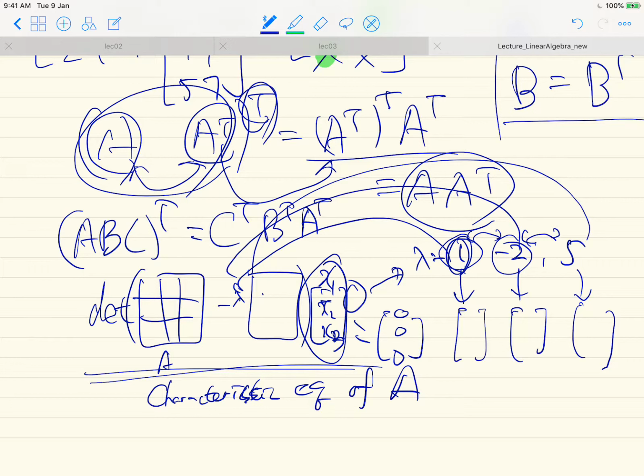This one will give us its own eigenvector, and this one will also give its own eigenvector, but they may or may not be linearly independent, right? But there is one theorem saying that if any two eigenvectors are from different eigenvalues, then they are guaranteed to be linearly independent. That is one theorem that we can easily prove.